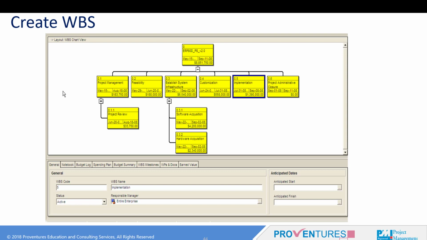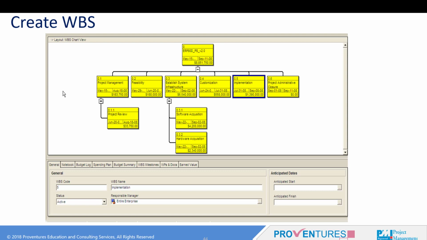And in the next level, I have depicted a typical project life cycle in terms of feasibility, establishing system infrastructure, customization, implementation, go live and administrative closure of the project. So this follows a predictive life cycle. Please remember to identify project management as an important element in the WBS.